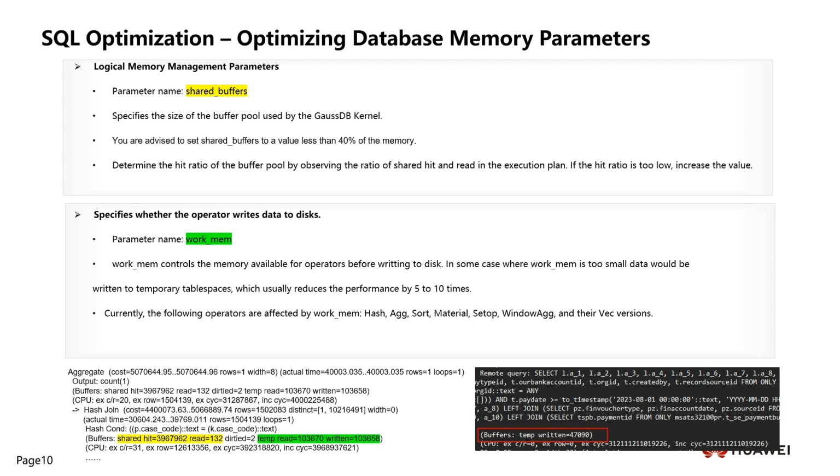For instance, when we are building a hash table and the size of work_mem is unable to hold the table, part of the table would be spilled to disk, and whenever we need it, we would spend quite a lot of effort to retrieve it from the disk, which could severely affect performance. Currently, the operators affected by work_mem are hash, agg, sort, material, setop, windowagg, and their vector versions.